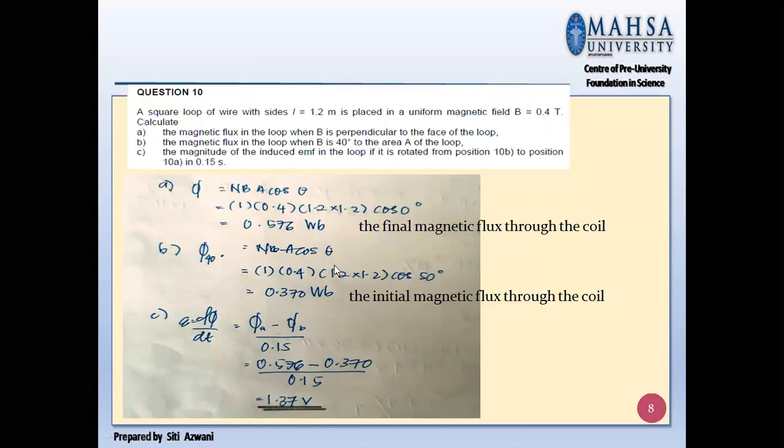Final 10A you have 0.576 minus the initial magnetic flux through the coil, you got 0.370. And then divide by 0.15, you got the induced EMF in the loop is 1.37 volt. Here you got positive. You want to calculate the magnitude, so from this equation you can ignore the negative sign.